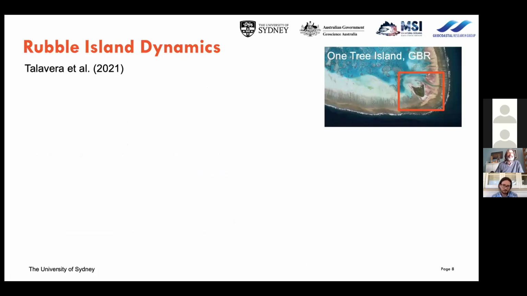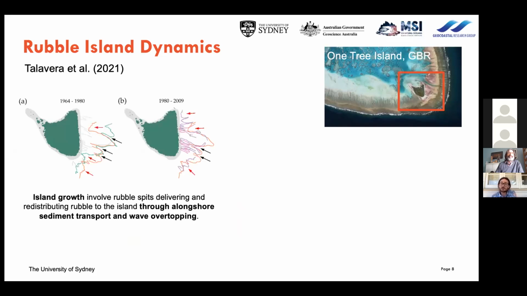So this is a paper that came out this year that I was also involved in, and that was looking at Rubble Island dynamics using One Tree Island in the Great Barrier Reef as an example. What we found through various LiDAR and bathymetric surveys, etc., is that these rubble spits formed on the reef flat, and over time they migrated and added rubble to the island.